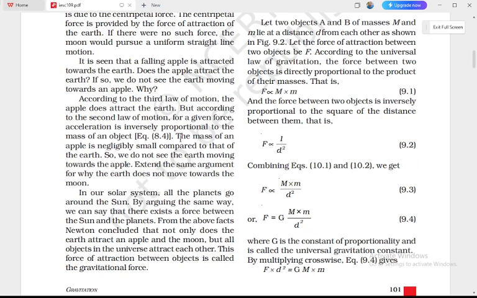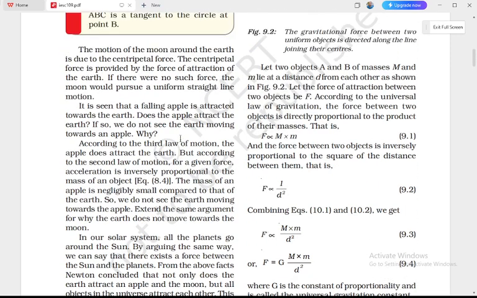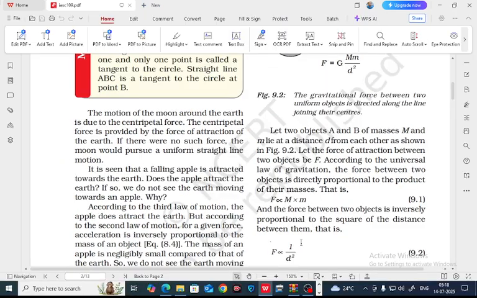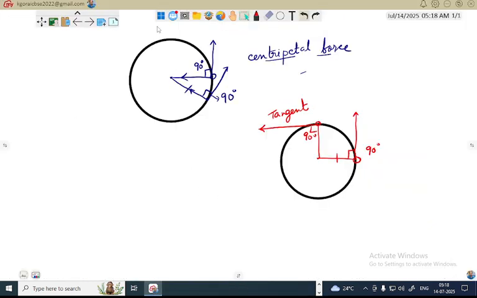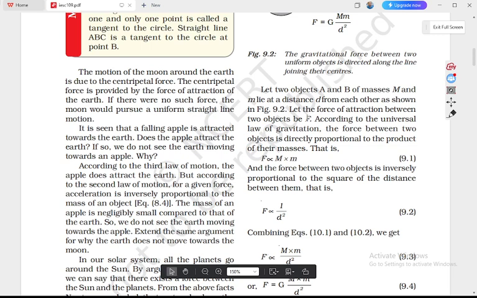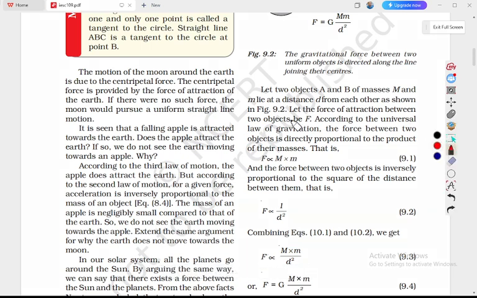Now we learn about this. Here you see that the motion of the moon around the earth is due to centripetal force.